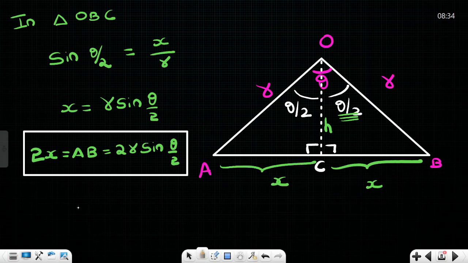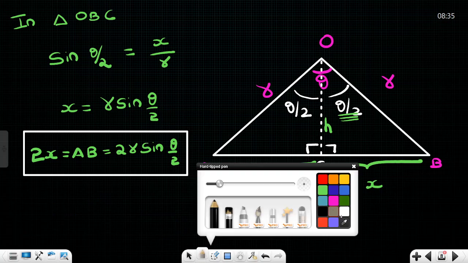Now area of triangle will become half into base, that is AB, into height. We did not find the height yet. Okay, first we will do that and then we'll come back to this.